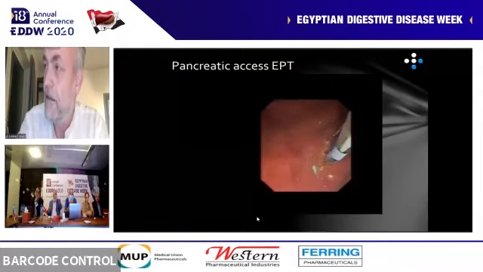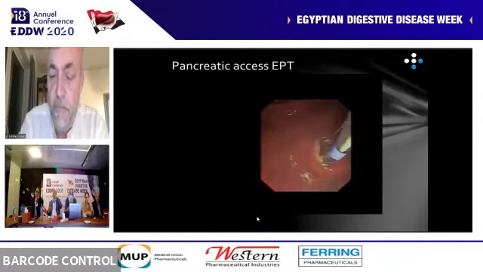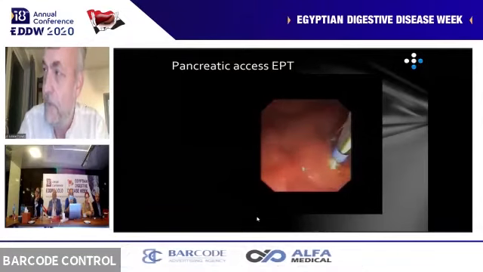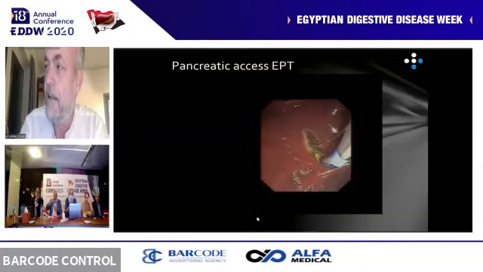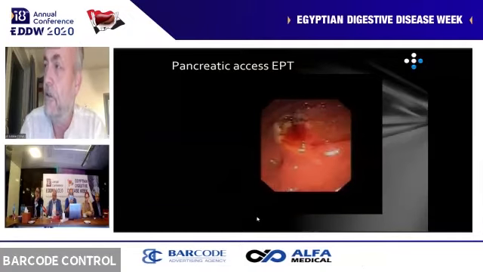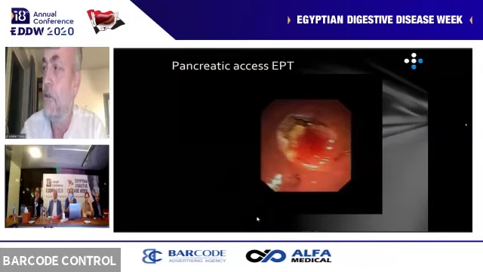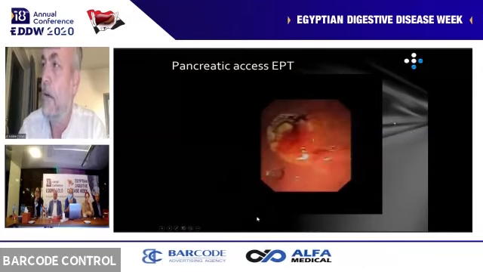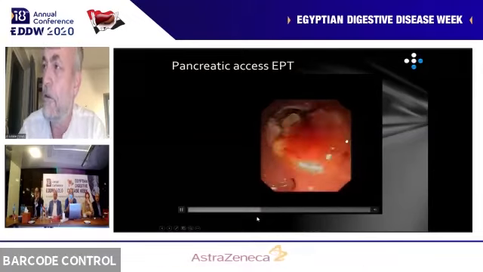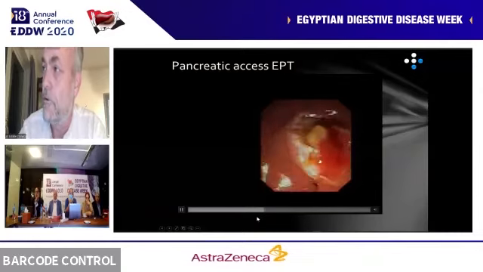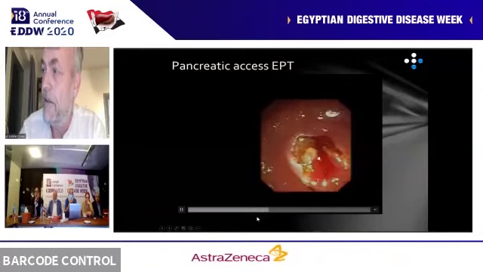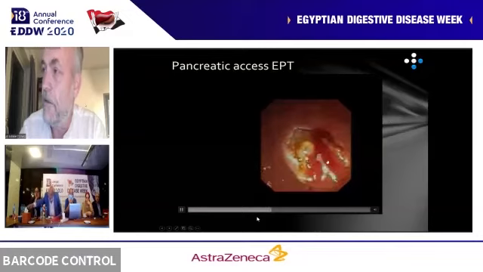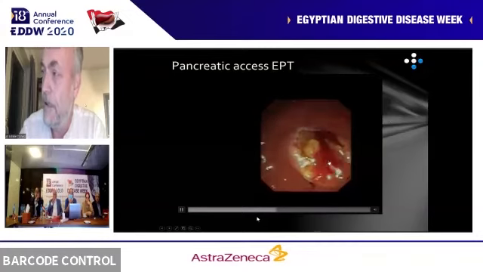Because for me, this is way safer than a freehand pre-cut. It's safer, and also it allows you to understand more accurately where you should look for your biliary orifice, because this is a groove of the pancreas, and at least 90% of the time the orifice of your bile duct will be to the left of that.